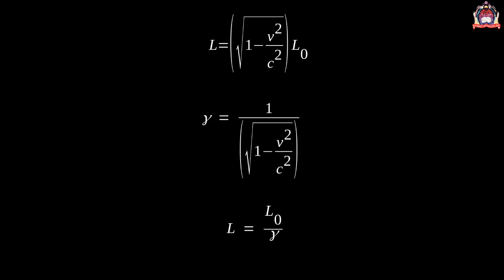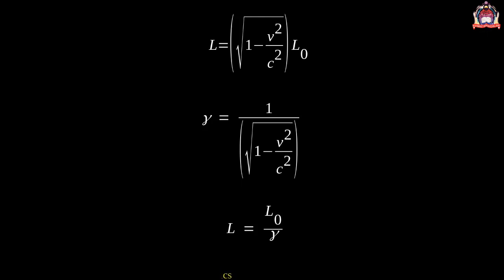If two identical rods are at rest, one in S and the other in S dash, each observer finds the other rod shorter than the rod of his own frame. This effect is called the Lorentz contraction. The length L0 measured in the frame in which it is at rest is called the proper length, while the length L is the improper length.